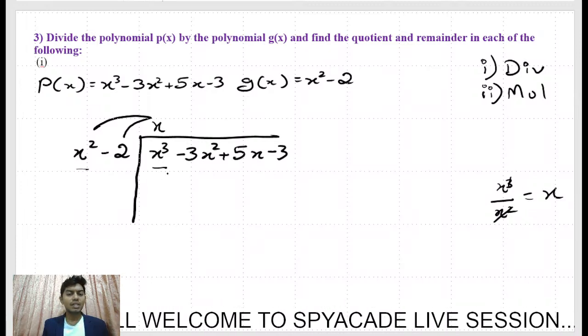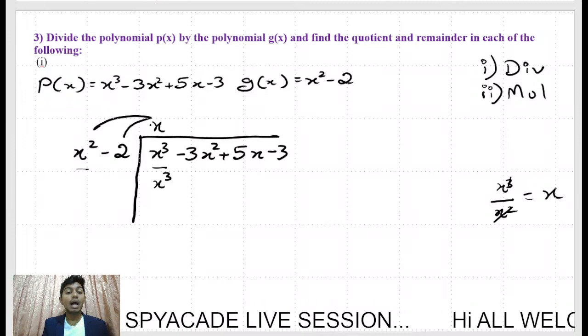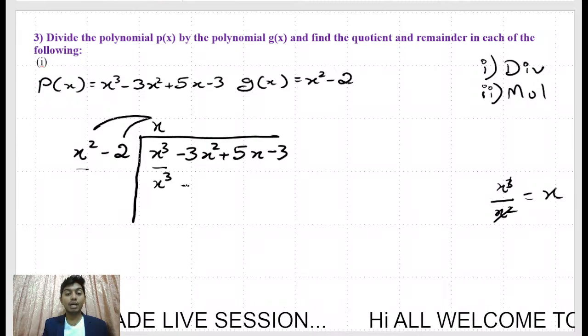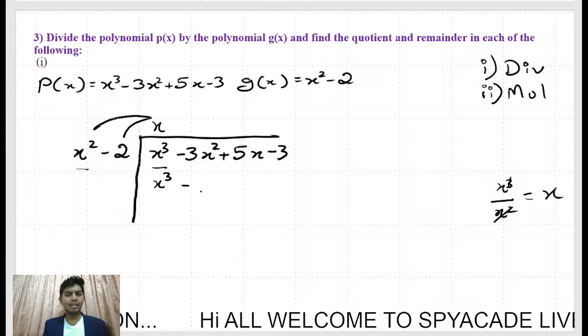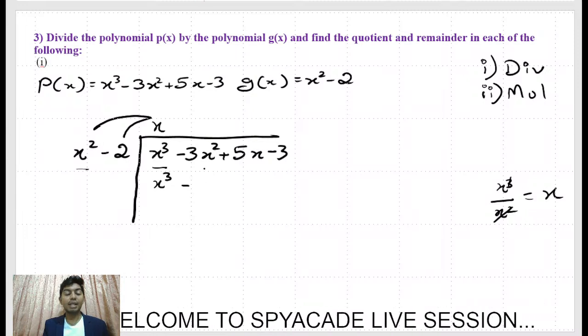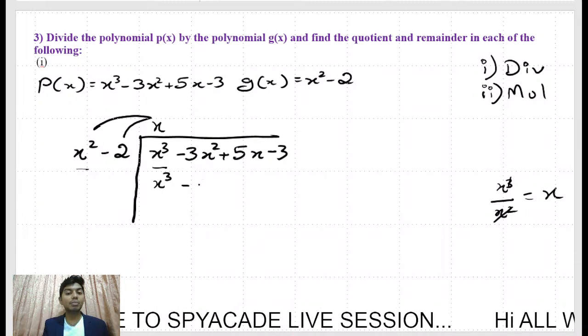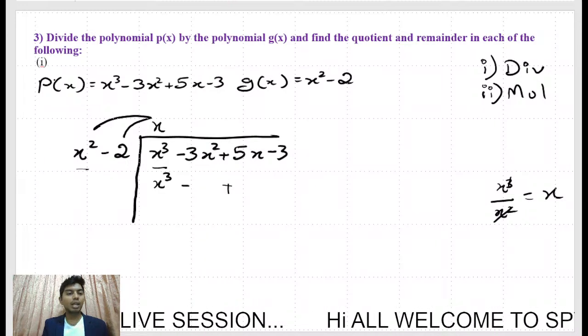X into x square will become x cube, and then x into minus 2 will become minus 2x. Yes or no? Minus 2x. But here we have x square term, so you just leave it as empty and then you put here.